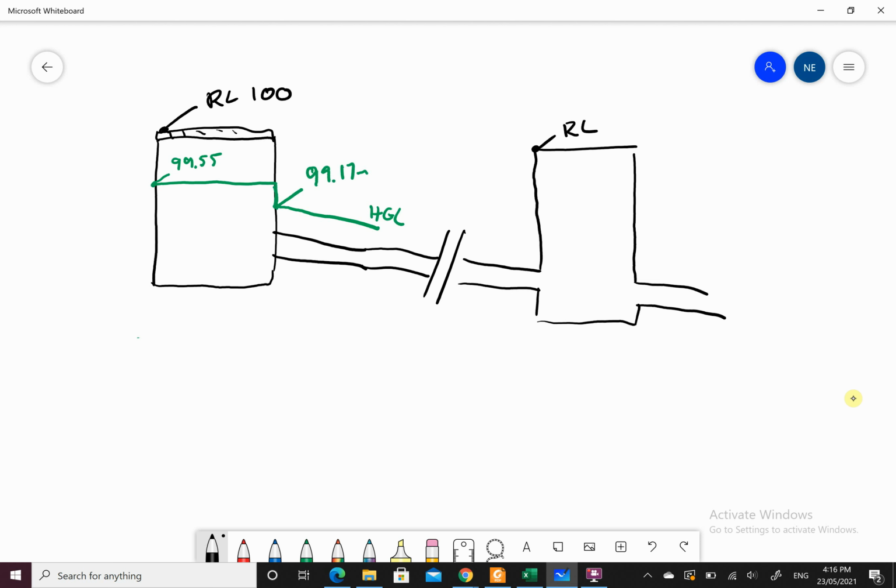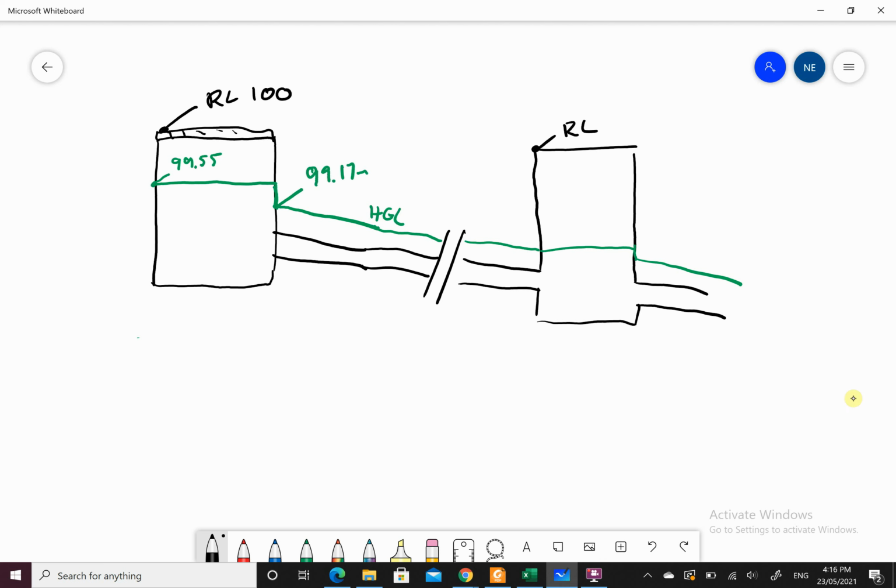So I work out my RL. This hydraulic grade line will keep moving down, then run flat, drop again, keep going. So I'm just working out all the levels in this pipe network. That's basically what we're going to be doing for this entire tutorial. Same thing for your first assignment.